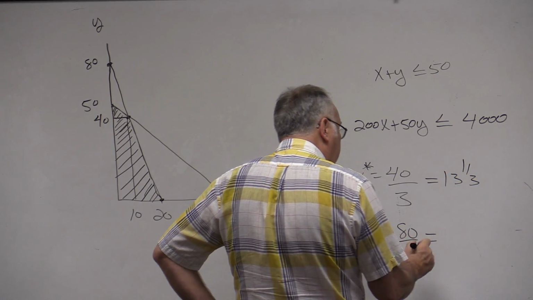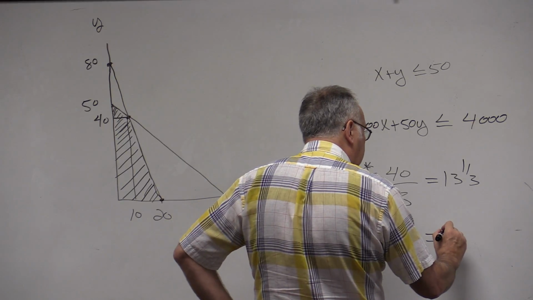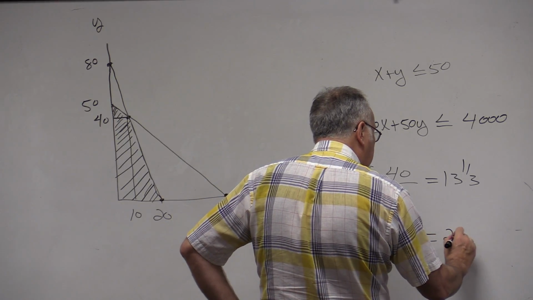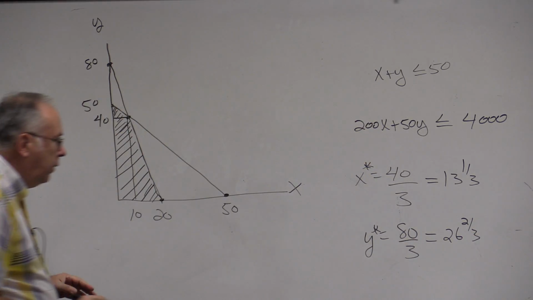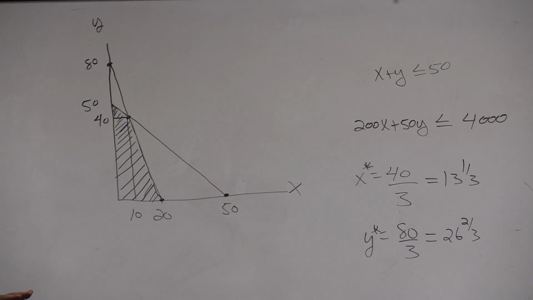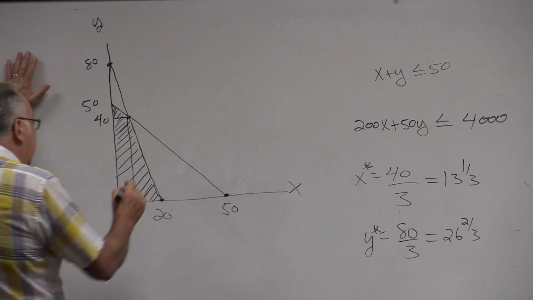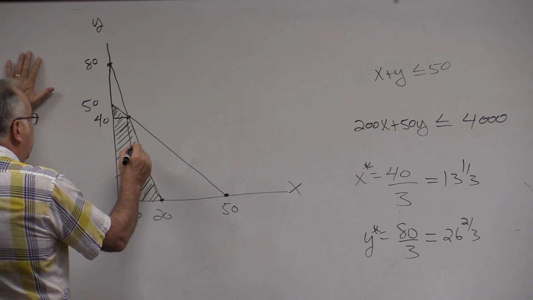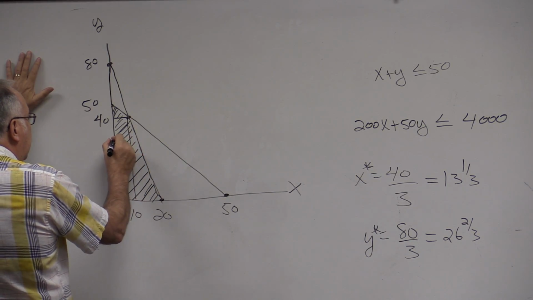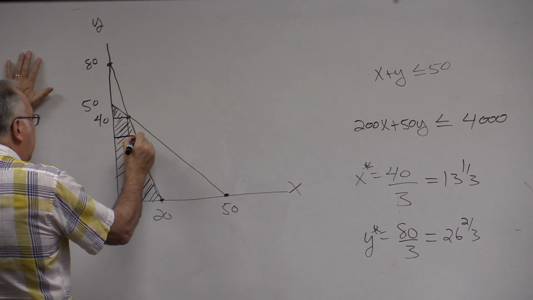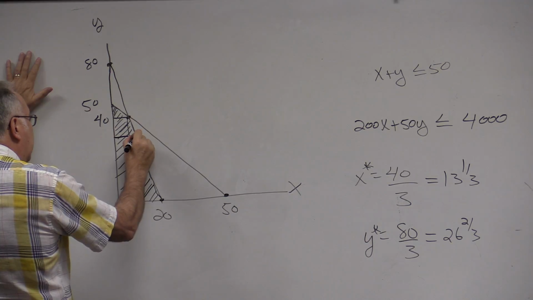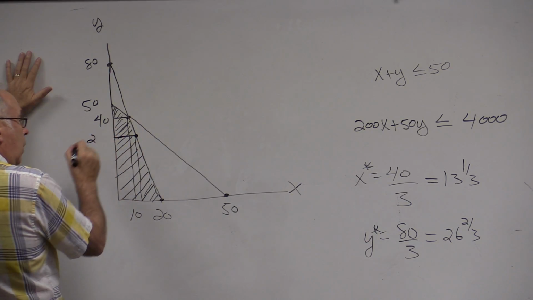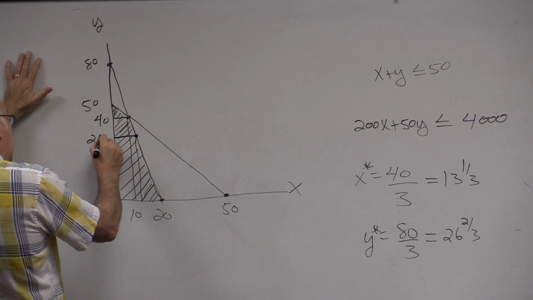And 80 over 3 is twice as much, so this would be 26 2/3. That's where the highest indifference curve touches, along this segment right here. This would be our optimal point, where y was 26 2/3.